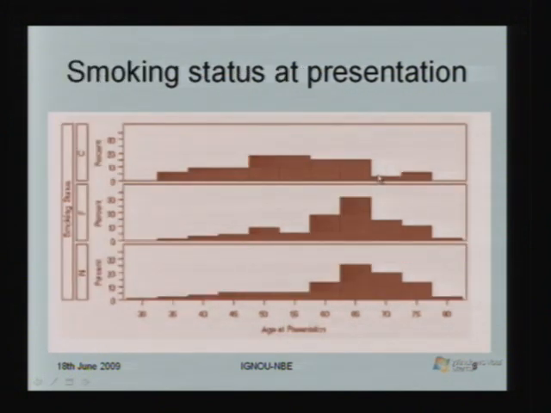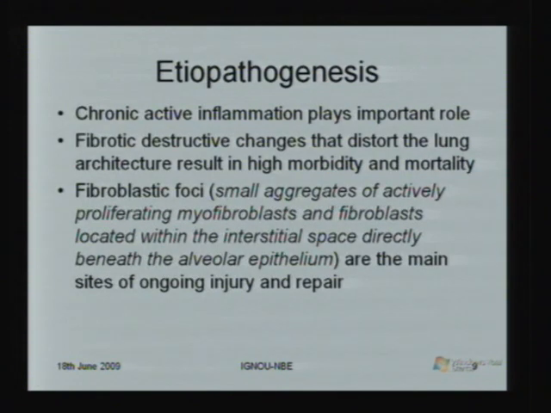And this diagram shows you that the age of onset at presentation is slightly a notch earlier amongst the current smokers than the group of patients who have been either former smokers or non-smokers. So the current smokers present earlier, or younger, with the disease.